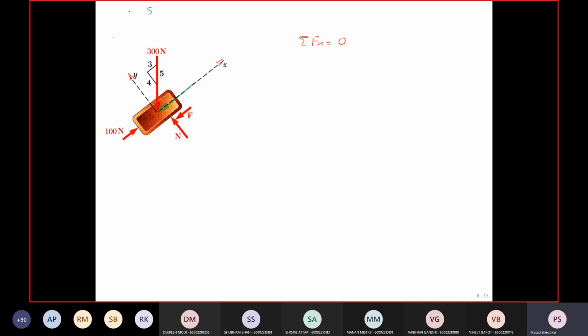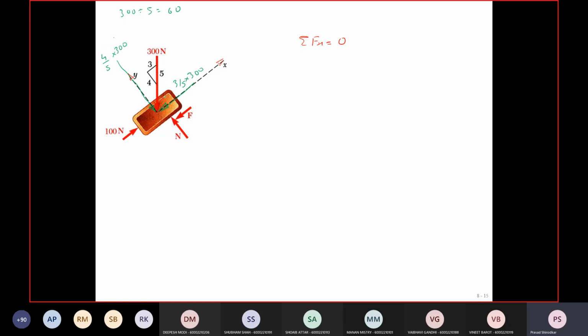If I divide 300 by 5, the factor is 60. So along this side, 4, it will be 4 into 60. Along this side, 3, it will be 3 into 60. So this will be 3 by 5 times 300, and this, normal to the surface, will be 4 by 5 times 300.